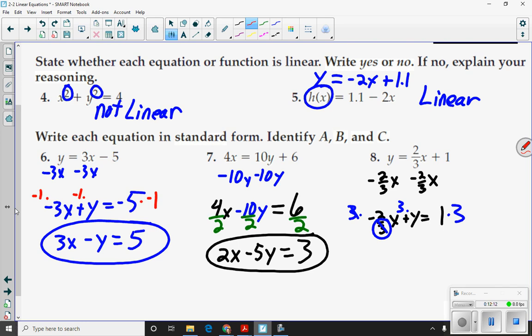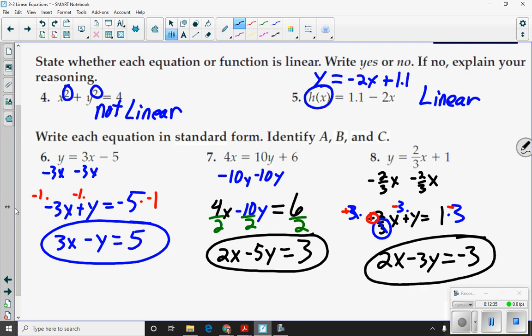While I'm at it, do you notice this negative here? Let's get rid of the negative. Let's multiply by negative 3 on all of these. And the negative will cancel out, leaving me a positive 2x. Negative 3 times y is a minus 3y. And 1 times a minus 3 is a minus 3. Now x is positive. We like that. There's no multiples between 2 and 3. This is standard form. Okay?